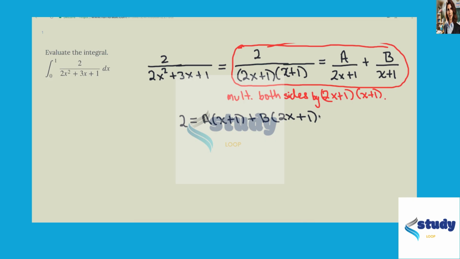And then let's just go ahead and rewrite the right-hand side. It's a polynomial. So let's factor out the x term. And then we have A plus 2B. Then for the constant term with no variable, we have A times 1 plus B times 1.